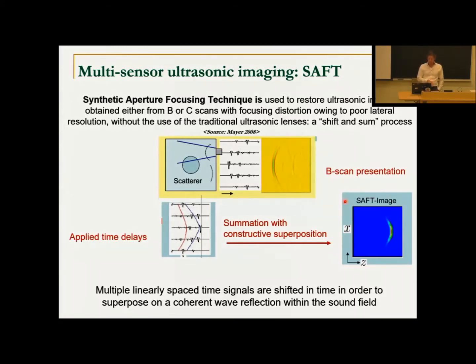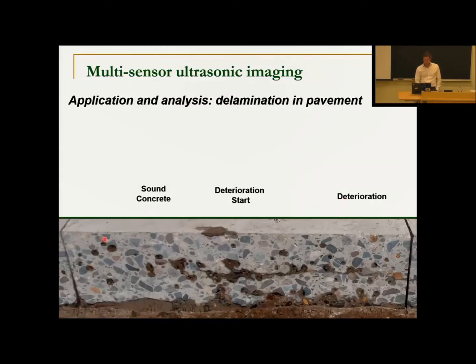So multiple linearly spaced signals are shifted in time to superimpose in a coherent way, providing some sort of cross-section that could give rise to that scattered field. Now, this all sounds complicated, but in the end, if we collect data along this top surface, these reconstruction algorithms should give you an idea of the cross-section over which that energy is interacting.